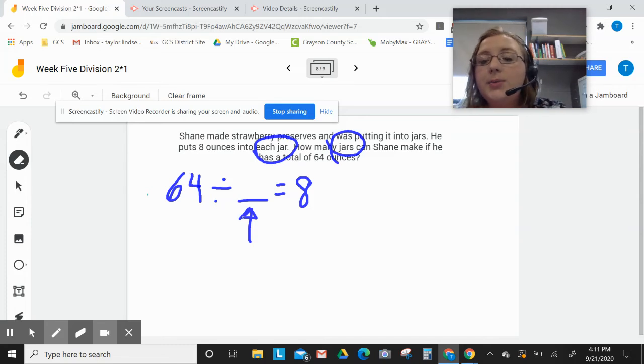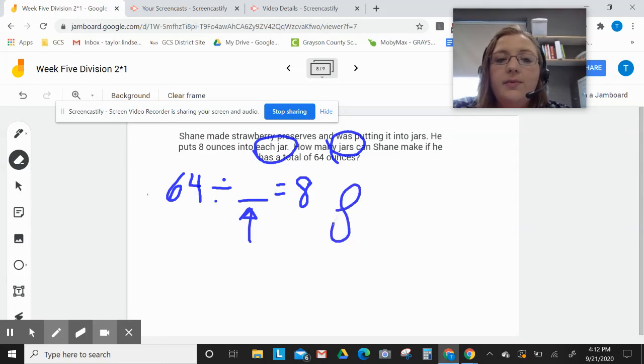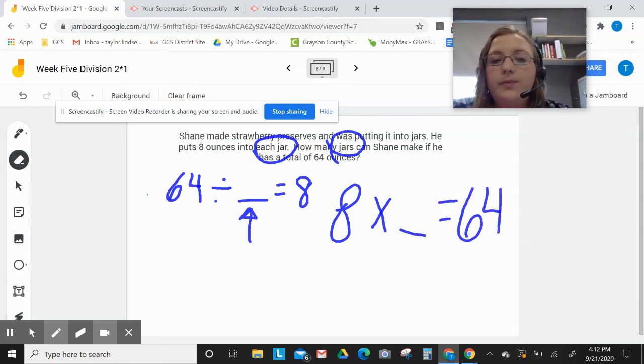So I can actually reverse this and say 8 in the group times how many groups equals 64. Now, if you don't remember your times facts, you can go back and test it out.